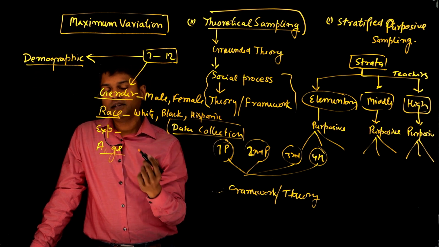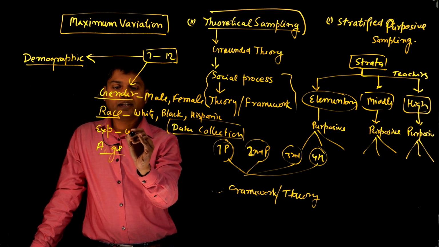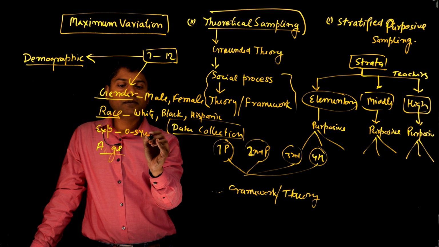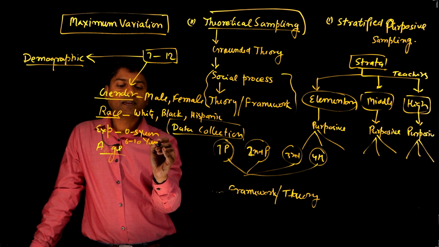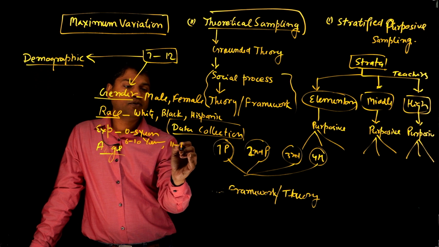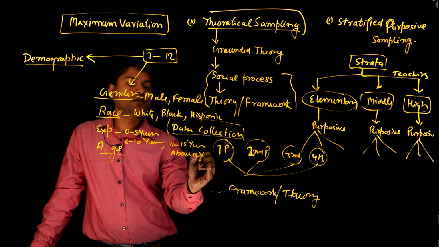Based on experience also, I had some participants with somewhere between 0 to 5 years of experience, some between 6 to 10 years, some therapists between 11 to 15 years, and some therapists with above 15 years of experience.